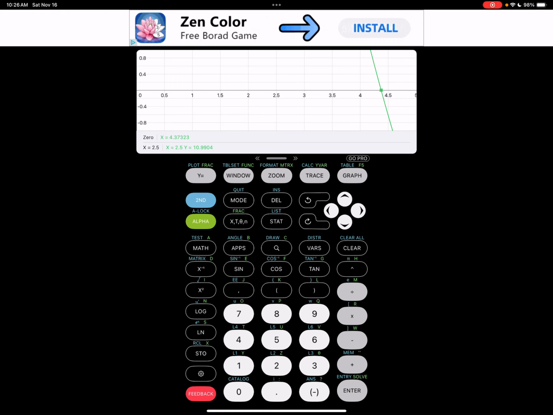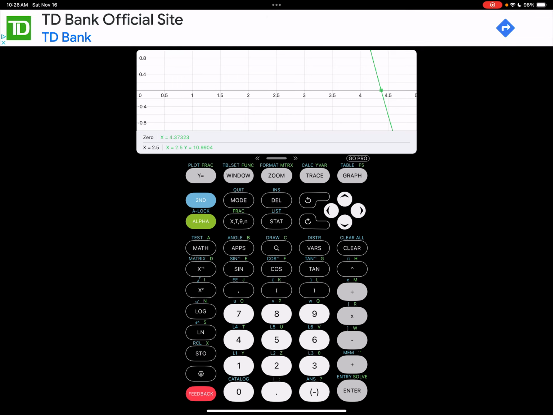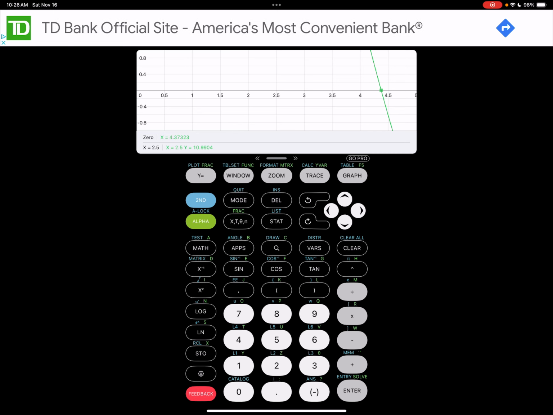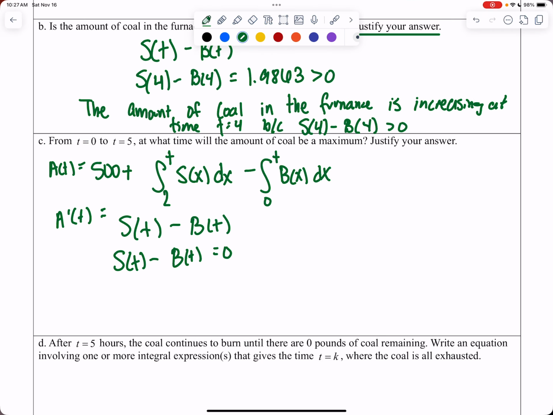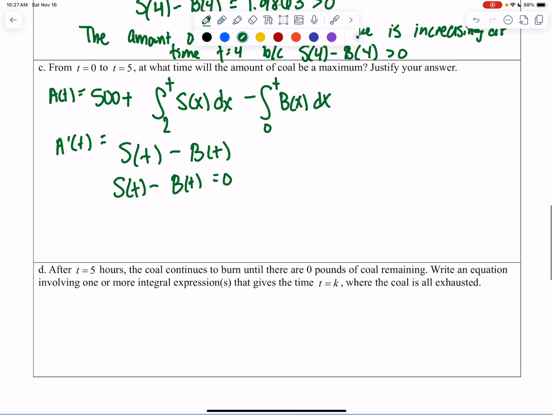But doing that, you can see that I have a critical point at 4.37323. If you don't do anything with the calculator, it's going to store x to be 4.37323. So just keep it like that for now. But I do know that my critical point is going to be 4.37323.